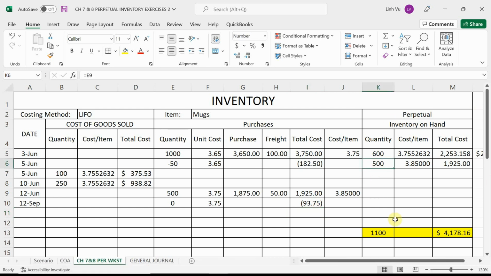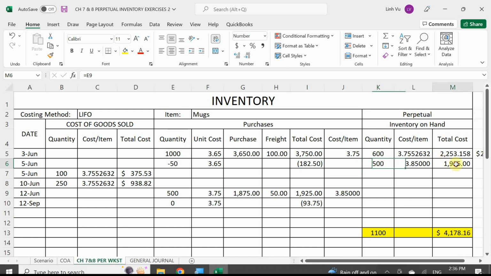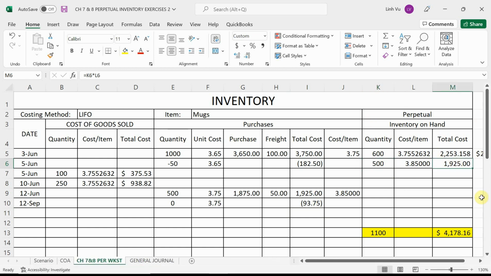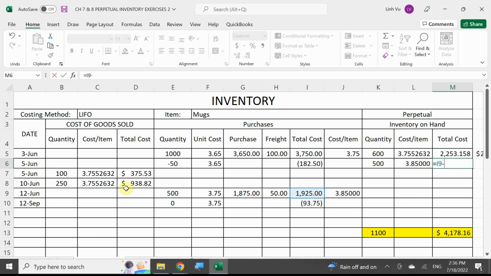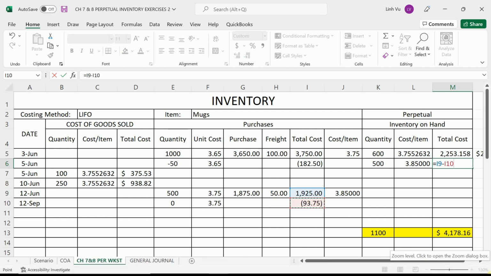My quantity is the same. The only difference here is my total cost, right? So in this case, I need to figure out what 1925 is minus my $93.75. So what is my grand total cost now?